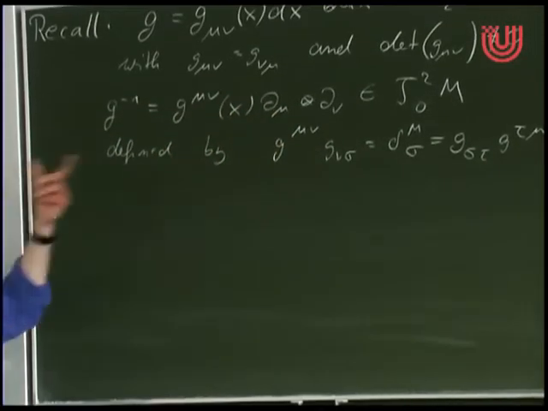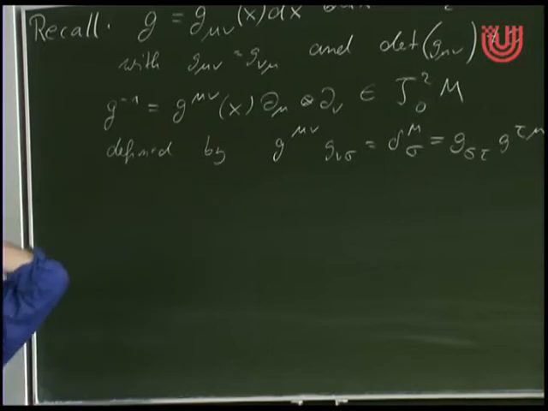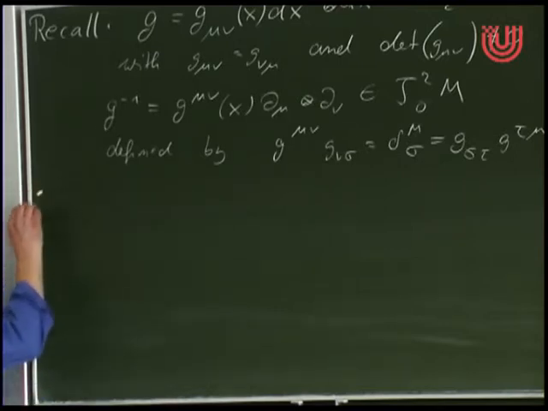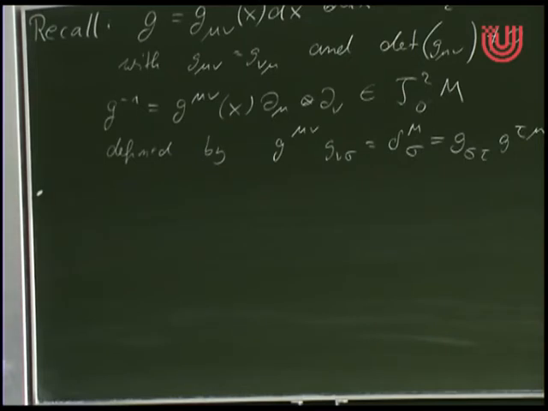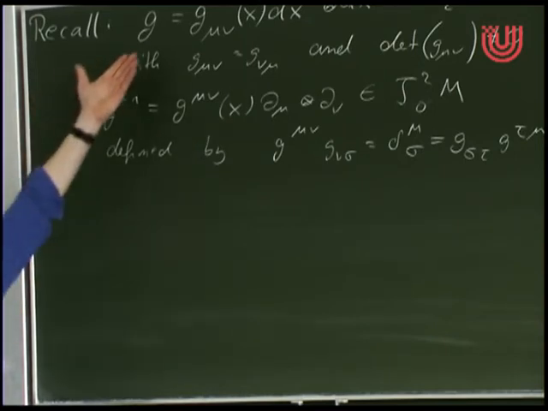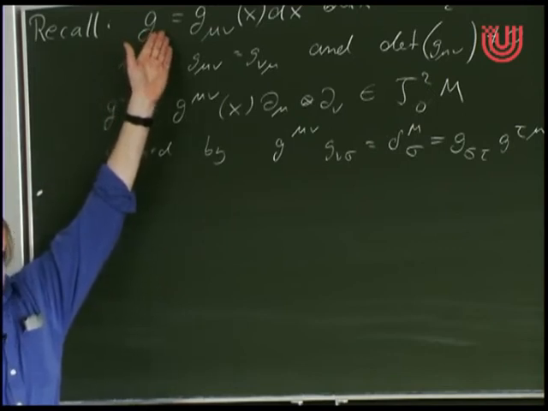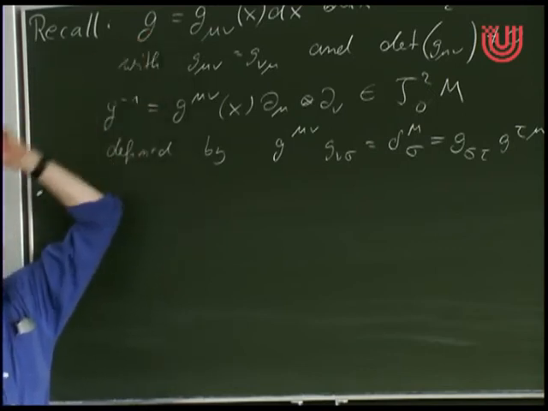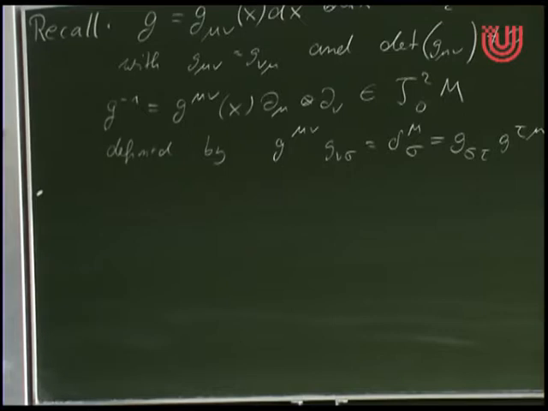Okay, and with the help of these two things, we can raise and lower indices. I think this was the last thing I discussed last week. And we are just in the process of listing a couple of properties. The next property I want to discuss is that with the help of such a thing, we can introduce something which we will call the autocomplement of a vector.